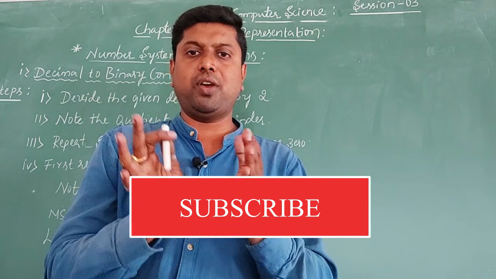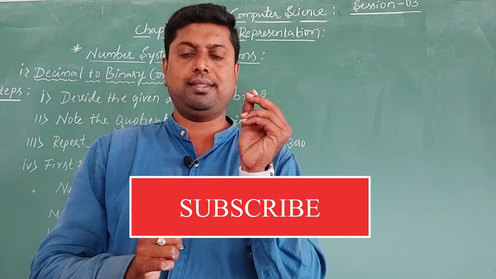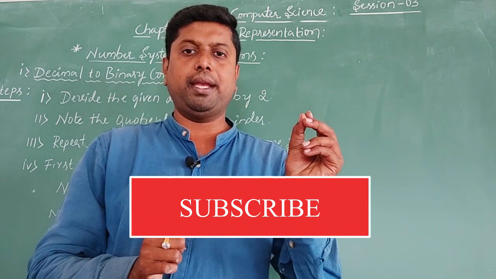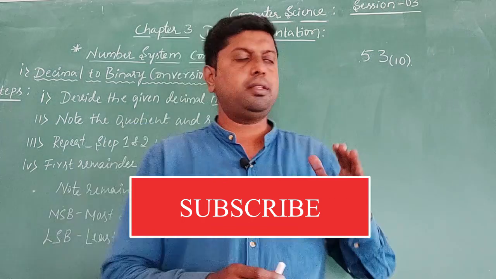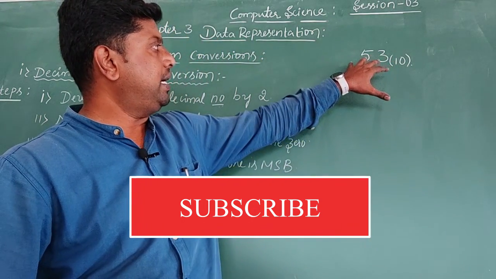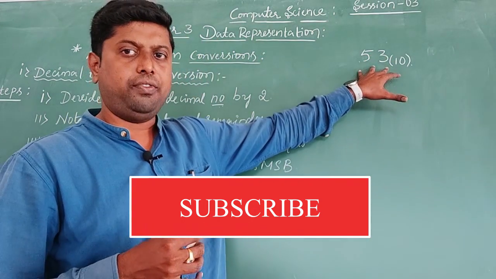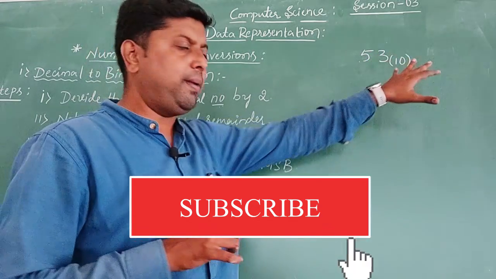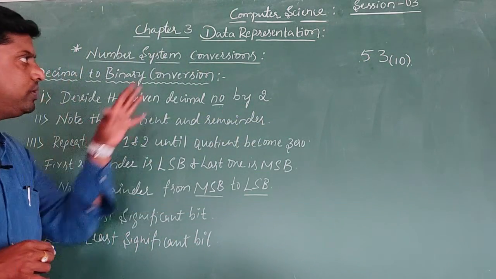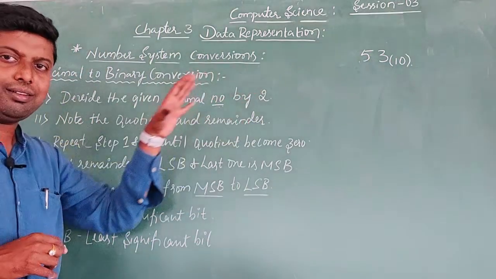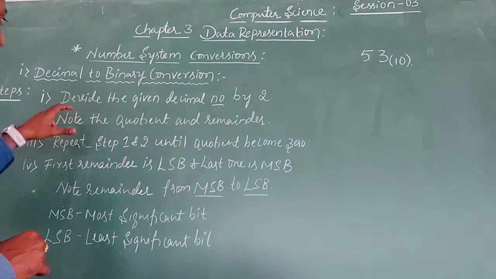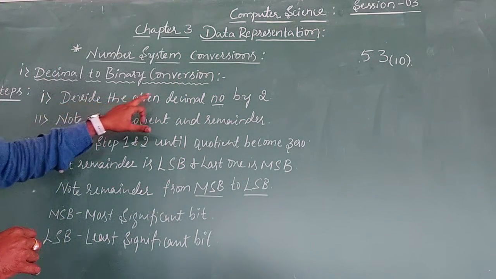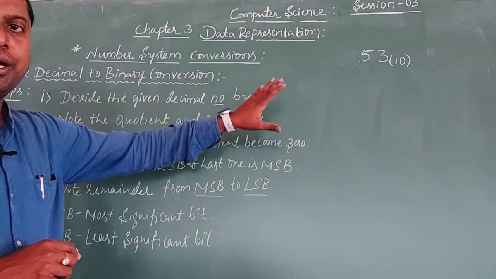I will consider one example to prove this decimal to binary conversion. This is one example, a decimal number. We take the number 53. Now apply these common rules to this number. Step number 1 says divide the given decimal number by 2.